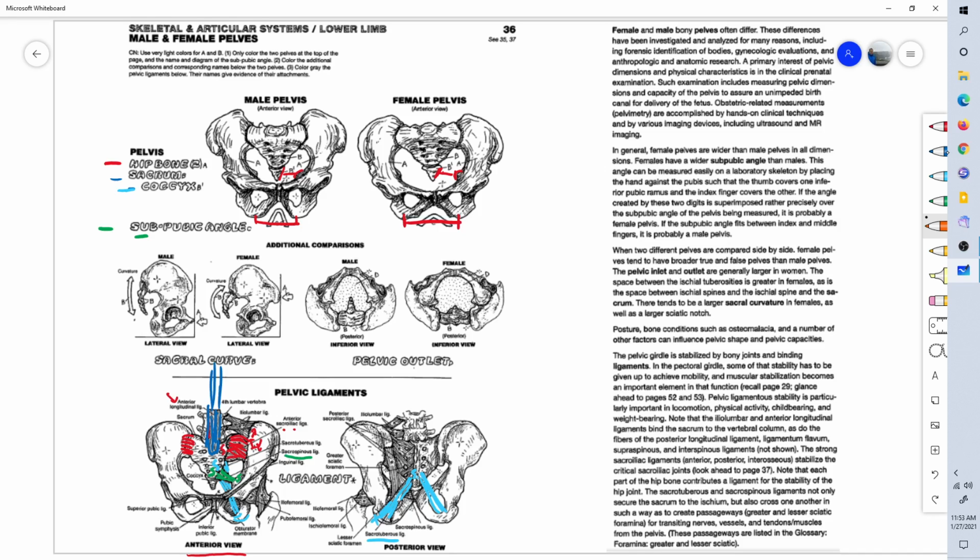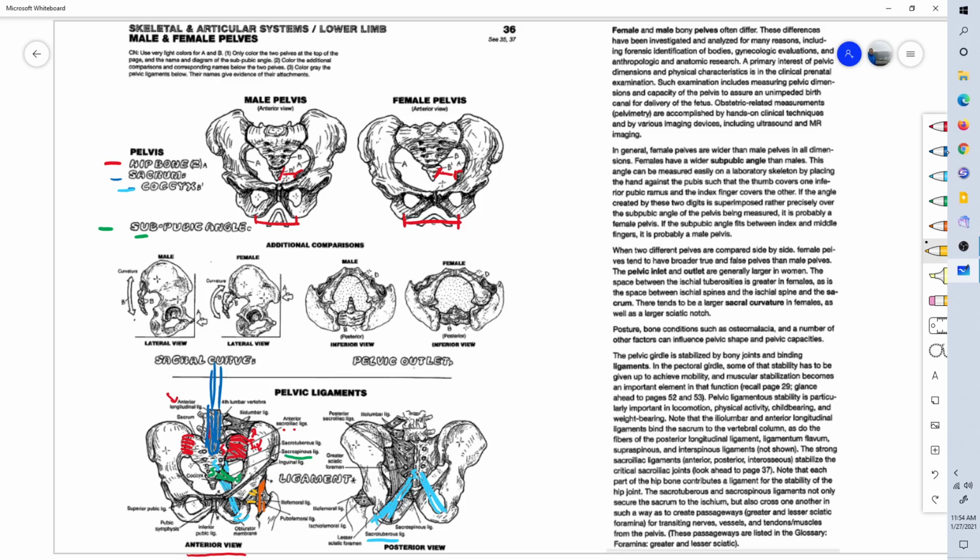Note in the hip joint itself, where the femur head and the acetabulum meet the pelvis, you see these ligaments here crossing: the pubofemoral ligament and the iliofemoral ligament. Here's the iliofemoral ligament and the pubofemoral ligament.